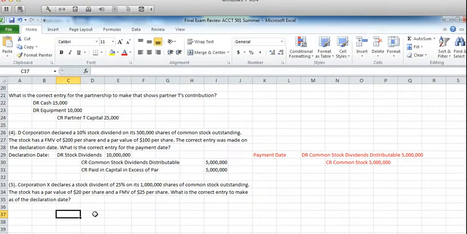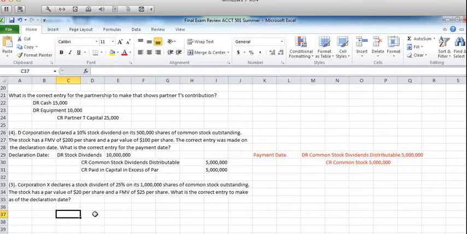The stock has a par value of $20 per share and a fair market value of $25 per share. What is the correct entry to make as of the declaration date? Again, we're going to look at the shares outstanding, which is a million, and distribute 25% of that out to the current shareholders. So 25% of a million is 250,000 shares.